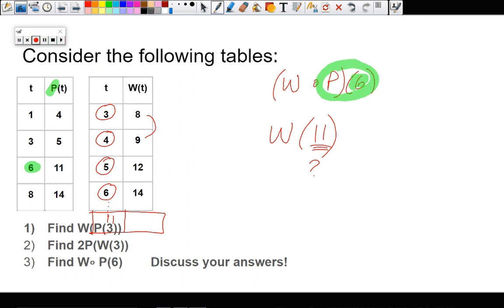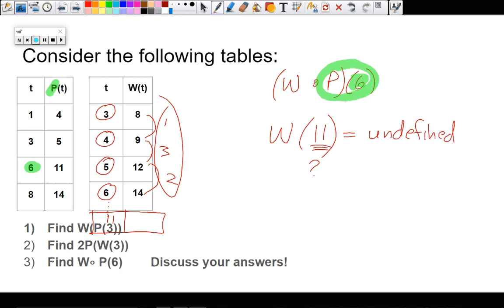What's this jump? 1, 3, right? What's this jump? 2. There's no pattern there. So you can't show it, right? So if it doesn't show it or you can't find it, I want you to write undefined.